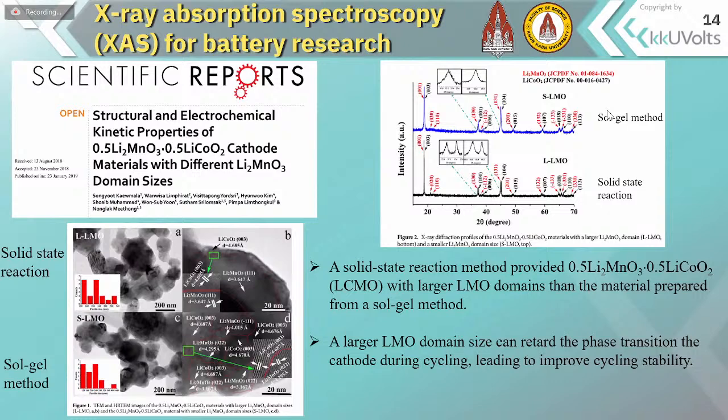In this work, we studied the impacts of lithium manganese oxide domain size on the electrochemical properties of layered cathode materials. The layered cathode materials were prepared by a sol-gel method and a solid state reaction method.